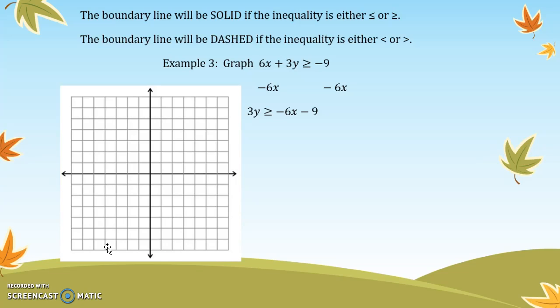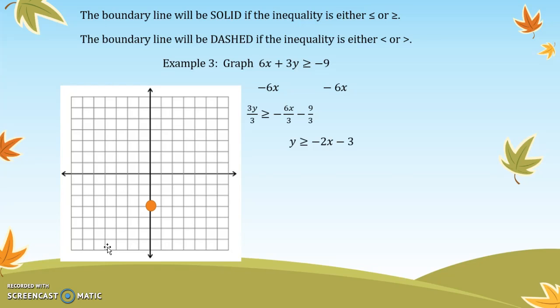Y isn't quite by itself yet. We need to divide everything by 3. So we're left with y is greater than or equal to negative 2x minus 3. Here our slope is negative 2 over 1, and our y-intercept is at (0, negative 3).